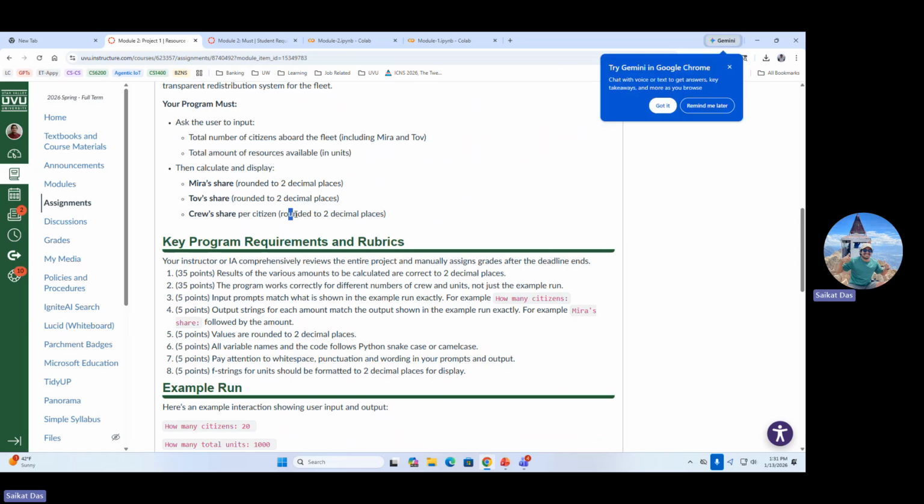We already have learned the input function, right? The input function takes the user's input from the terminal and returns it as a string. The round function is a math function, but built-in, which rounds your value to the decimal point you mention here.